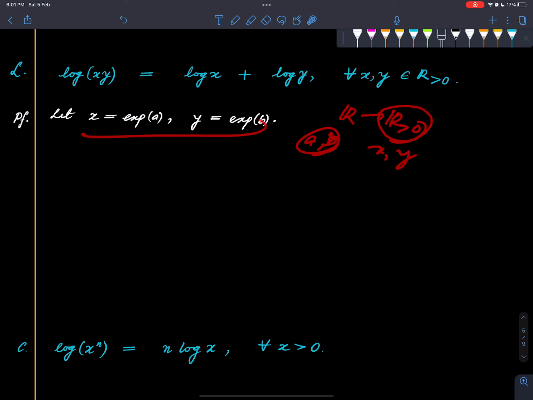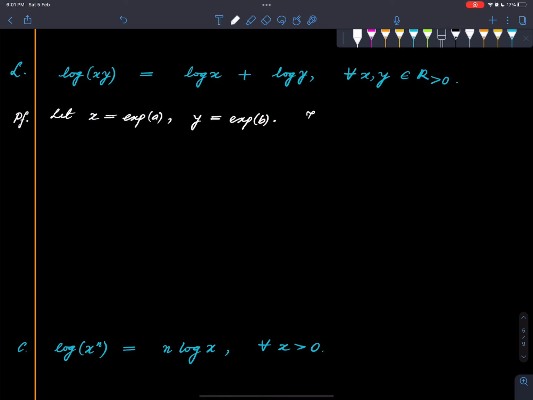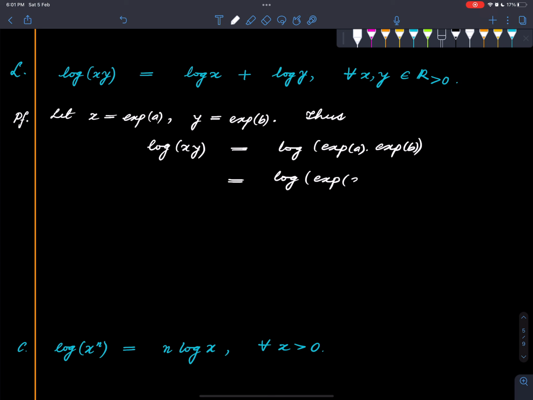Okay, so thus log of xy is log of exp of a times exp of b, which is log of exp of a plus b, which is a plus b, which is log x plus log y, because if you take the log of both sides here, you will see that log x is a and you'll see that log y is b.